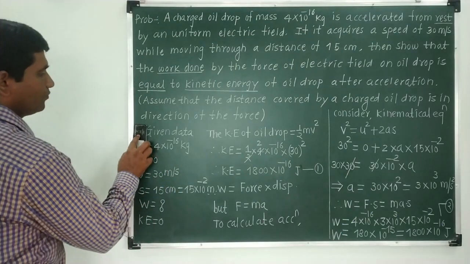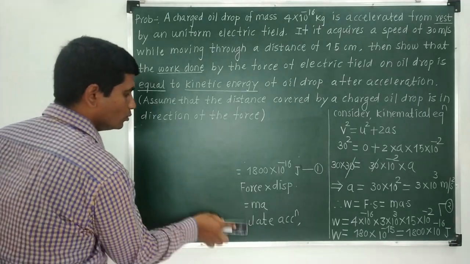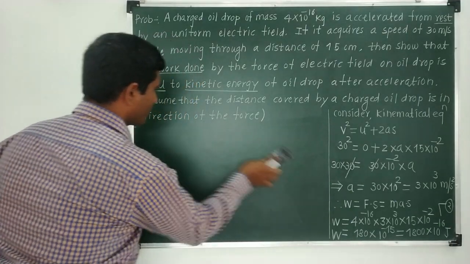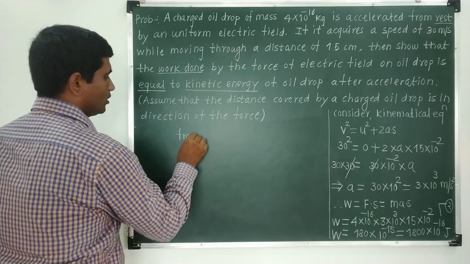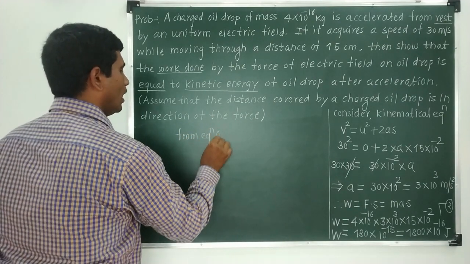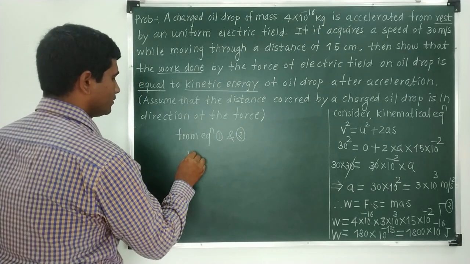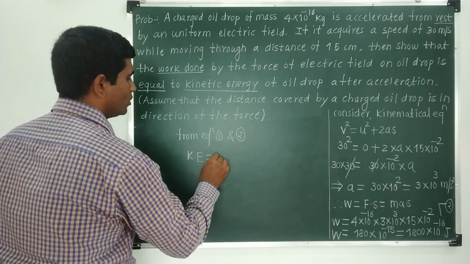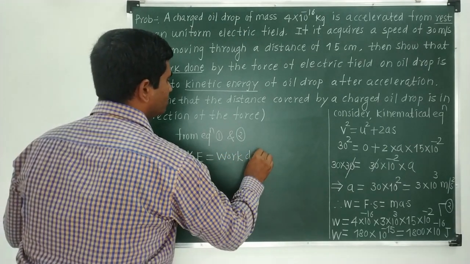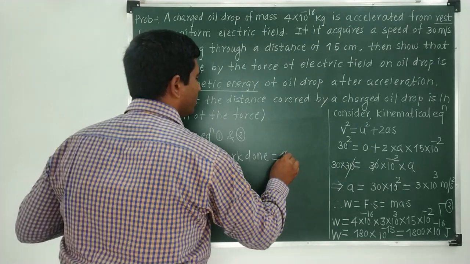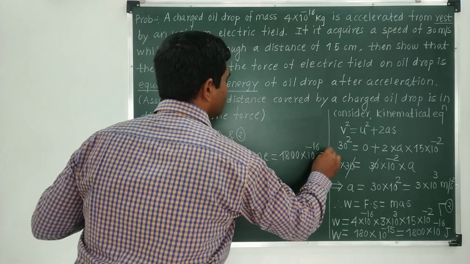So finally, from equation 1 and 2, the kinetic energy is equal to work done, which is equal to 1800 into 10 raised to minus 16 joule.